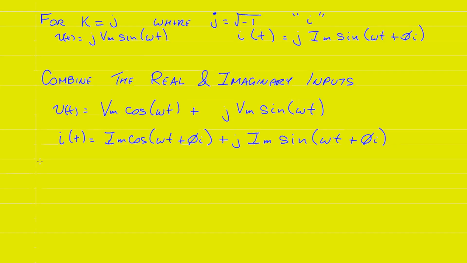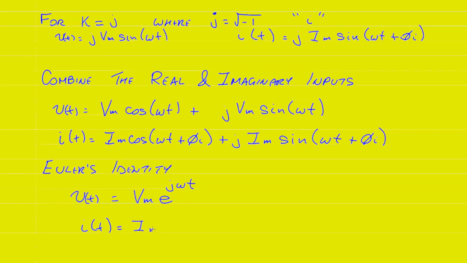In particular, if you recall, Euler's identity allows us to write V of t equal to Vm e to the j omega t, and I of t equal to Im e to the j omega t plus our angle.